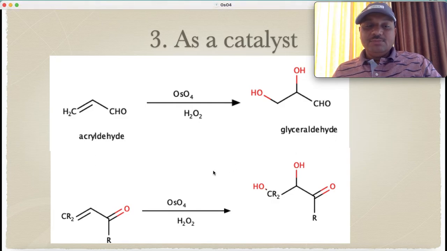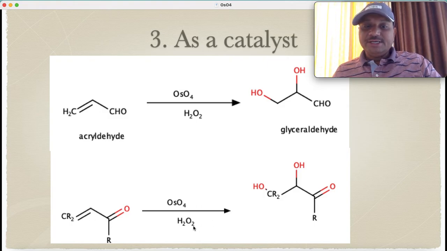Consider another example, an alpha-beta unsaturated ketone, on treatment with hydrogen peroxide in the presence of osmium tetroxide, we get this diol. In both reactions, it is used as a catalyst.